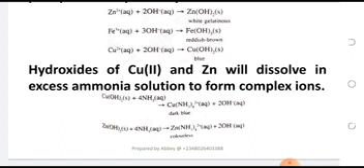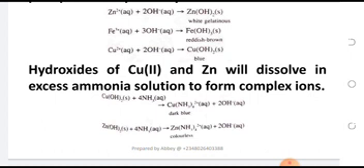If it is copper, the precipitate dissolves to give a deep blue solution, and that is copper 2 tetraamine complex that you can see there. So, as you can see in the equation of reaction on the screen, that is the deep blue solution that you are seeing there.